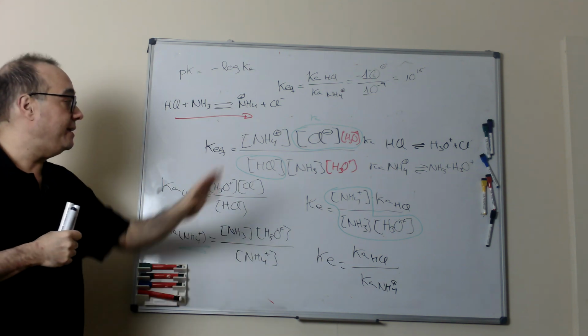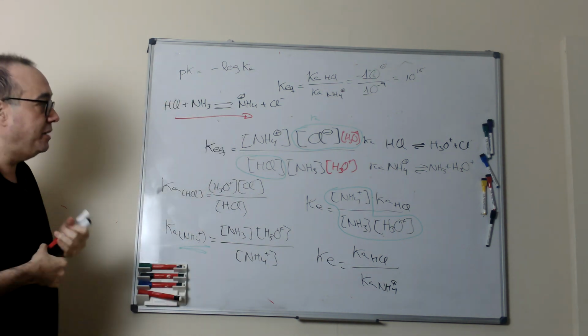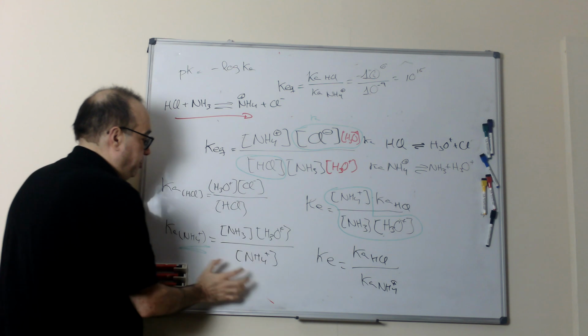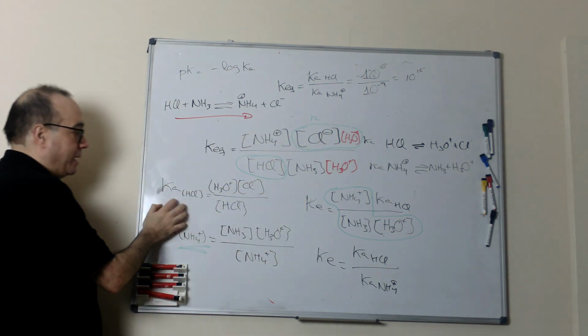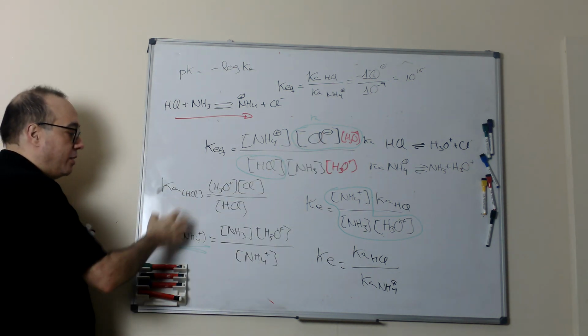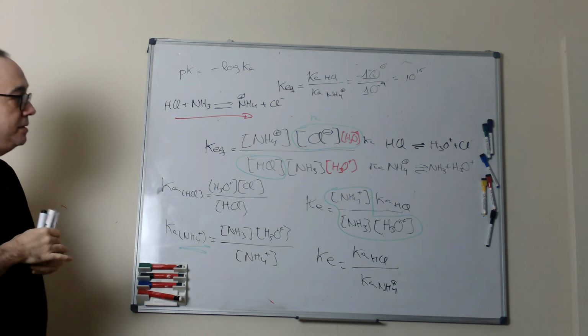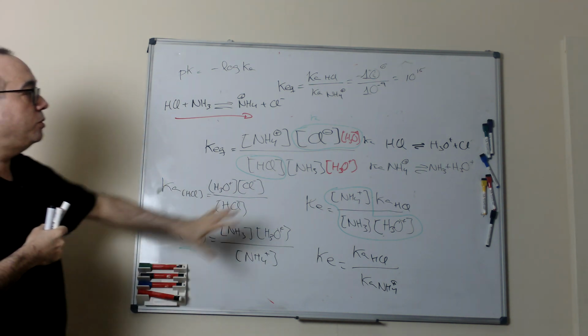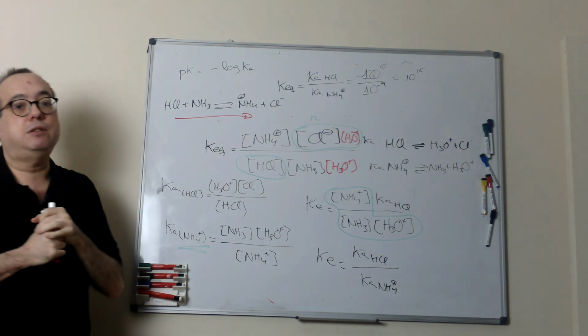Okay, please try to check. The most difficult part is probably the substitution of these parts of the equation by the Ka of the hydrochloric acid and the Ka of the ammonium. Okay, but check it and you should get the same result that I got there.